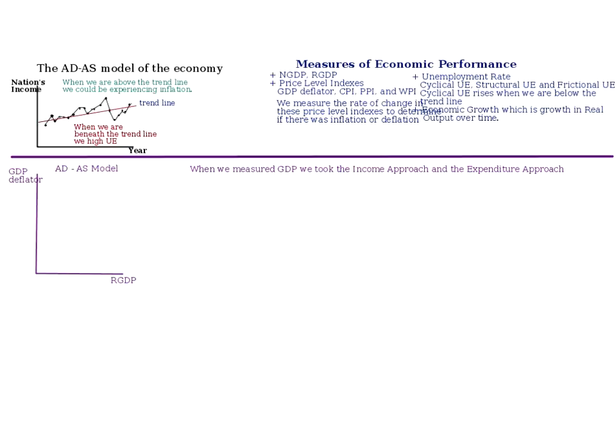Okay, so now what we want to do is remember what the purpose of our model is. The purpose of our model is to help us develop ideas of how to look at the economy to see if it's functioning okay, right? We want to know if it's doing well.